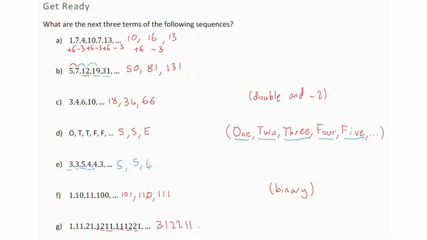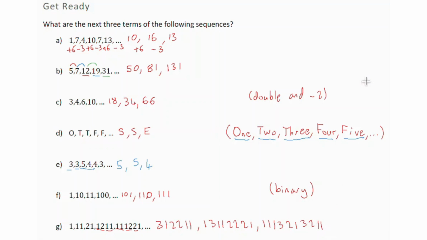Now what do I see? I see 1 3, I see 1 1, I see 2 2s, and then I see 2 1s. What do I see? I see 1 1, I see 1 3, I see 2 1s, I see 3 2s, and then I see 1 1.